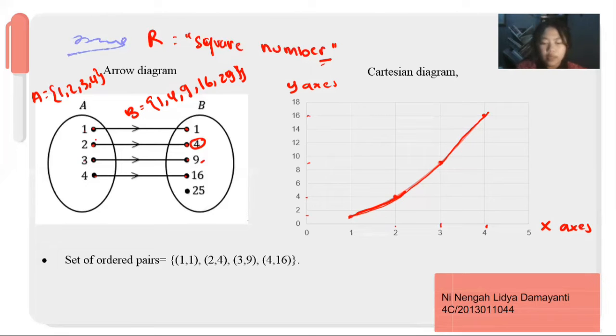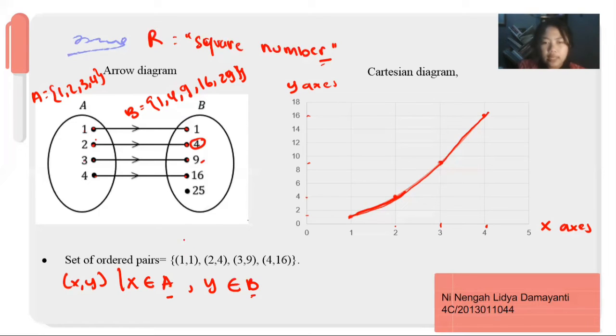And the last one, the relation between two sets can be expressed with a set of ordered pairs (x, y), where x is an element of set A, and y is an element of set B. So we pair set A and set B, and we write like this.